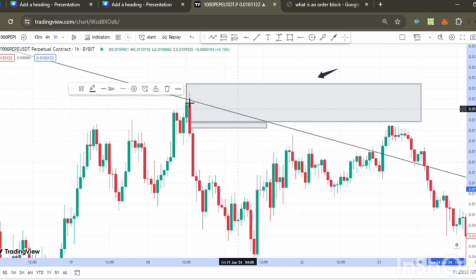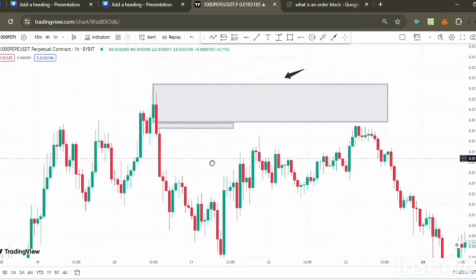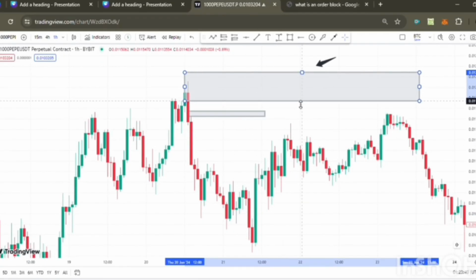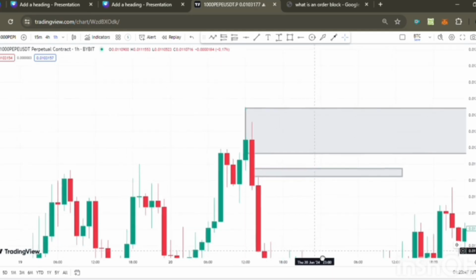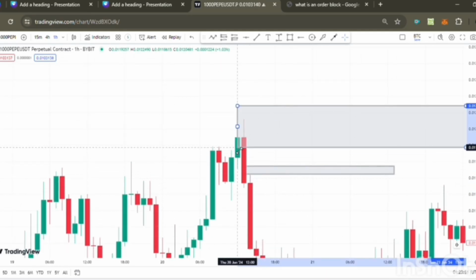The middle body of this bullish candle will serve as my entry. I will just leave it like this.